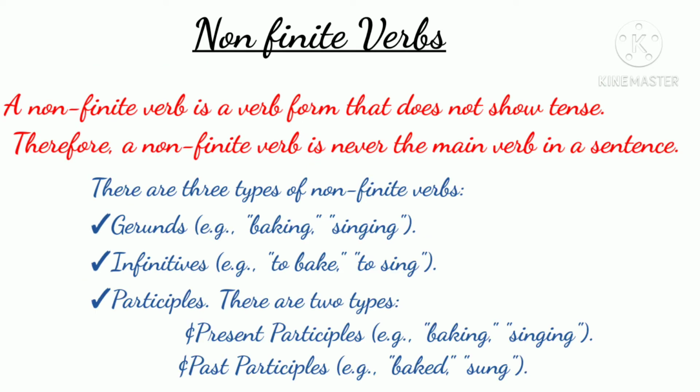Non-finite verbs are as easy to understand as finite verbs. If a verb does not have a subject or a tense, or is a part of a verb phrase, it is a non-finite verb.